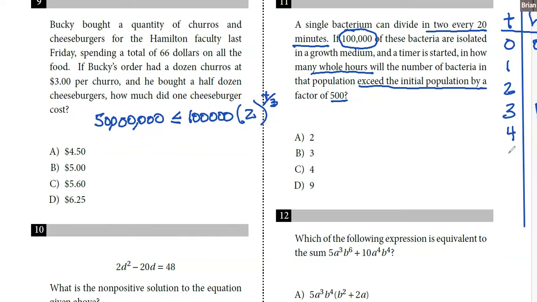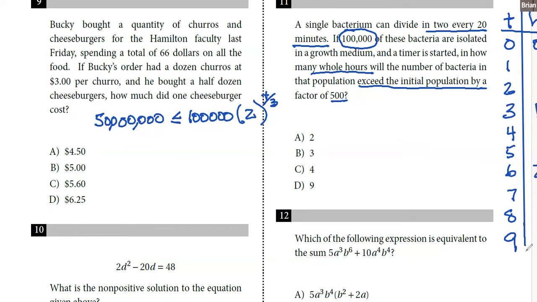Well, then 4, 5, and 6 would take me to 2 hours, and that'd be 1,600,000, then 3,200,000, then 6,400,000. And then 7 would take me to 12,800,000. 8 20-minute periods would take me to 25,600,000.